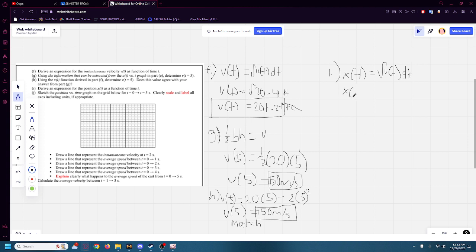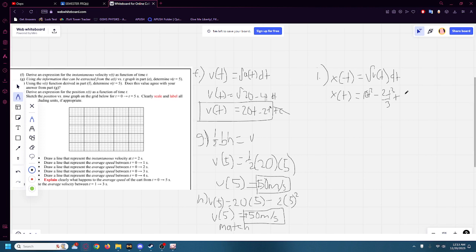So x of t is equal to 10t squared, because you add 1 to the exponent and divide by 2, minus 2/3 t cubed, because you add 1 to the exponent, which is 3, and you divide by it, so it'll be 2/3.